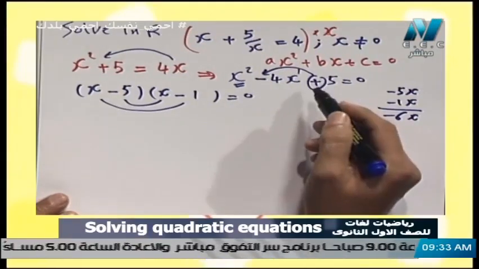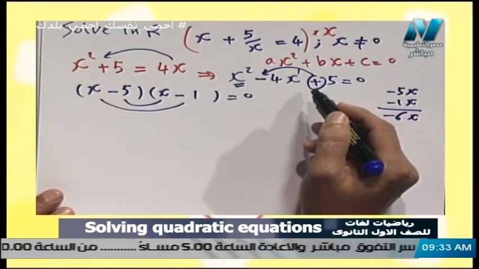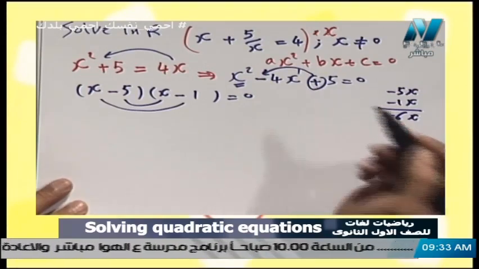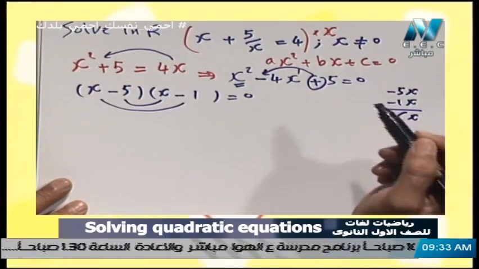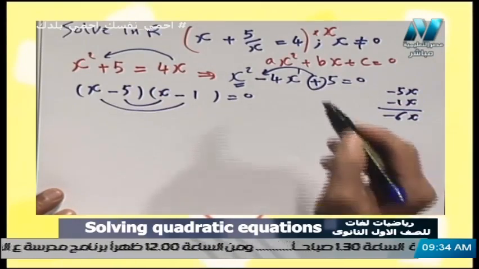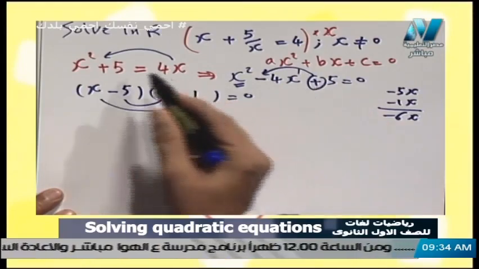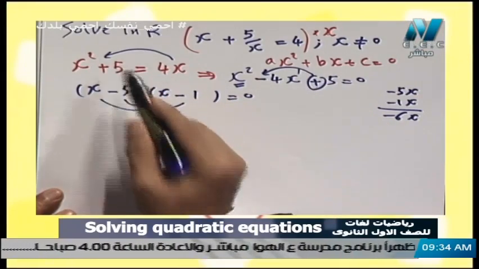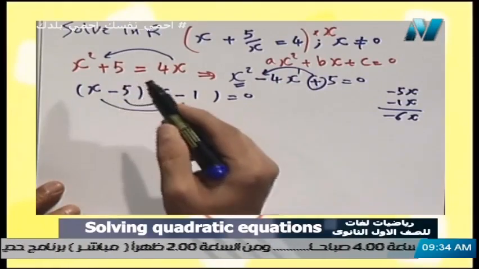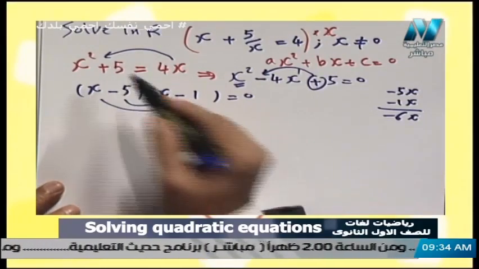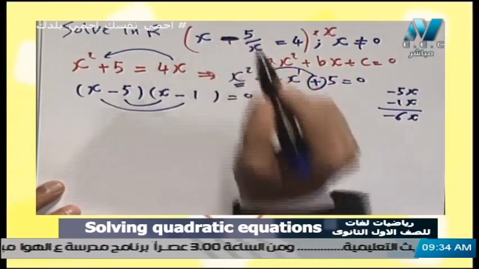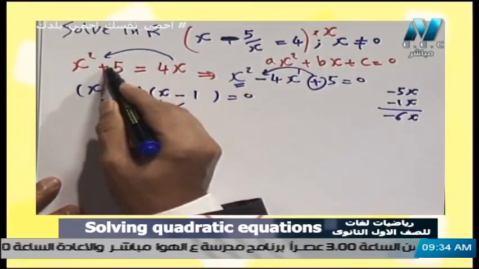sorry, here we have something wrong. Okay, we have 5 multiplied by 1. Okay, we will rearrange and make something in this equation. Here is negative.